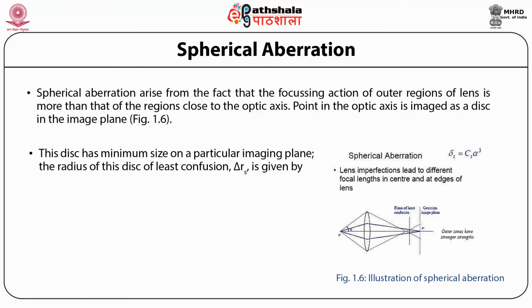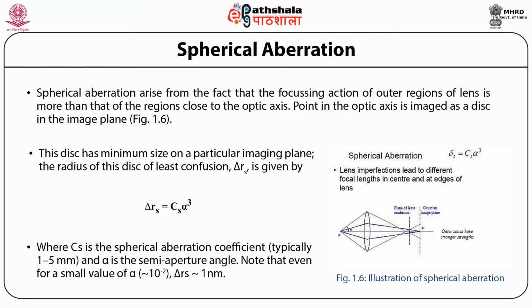The radius of this disc of least confusion, delta Rs, is given by delta Rs is equal to Cs alpha cube, where Cs is the spherical aberration coefficient, typically 1 to 5 millimeters, and alpha is the semi-aperture angle.